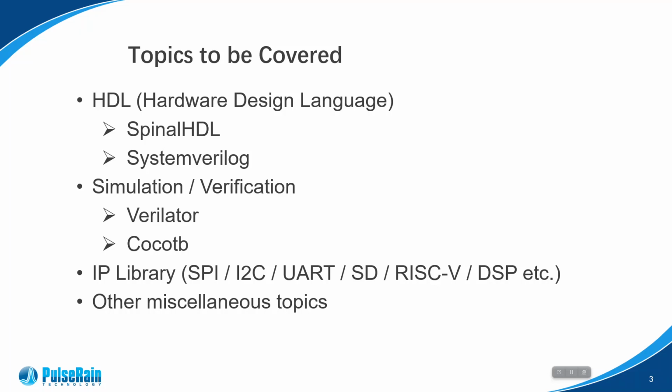As you might know, Spinal HDL can produce Verilog or VHDL as its final output. In this regard, we will give an in-depth talk on Spinal HDL as it starts to become our quote official language unquote, if you will, for RTL design.